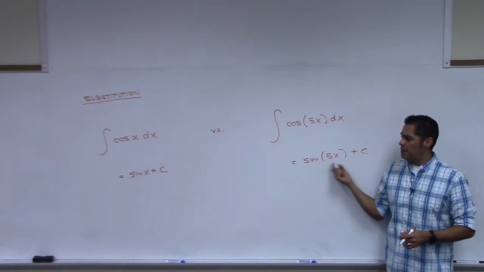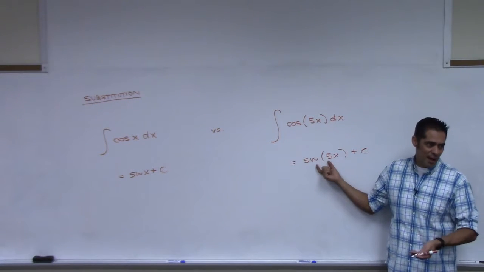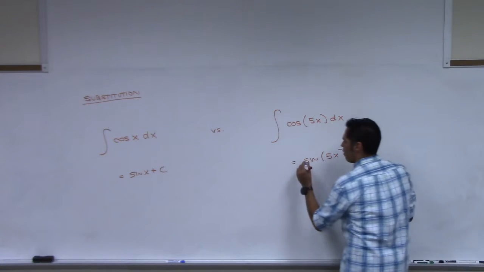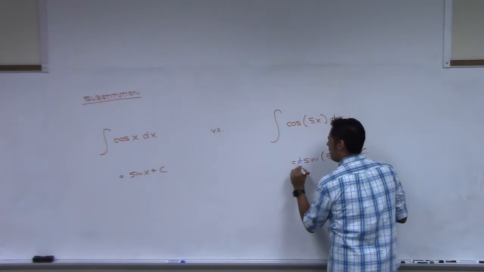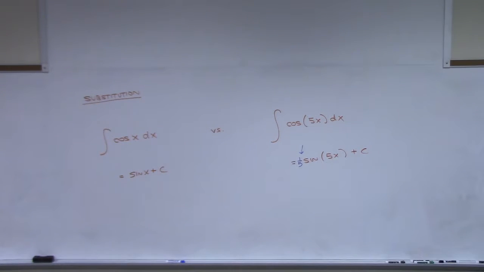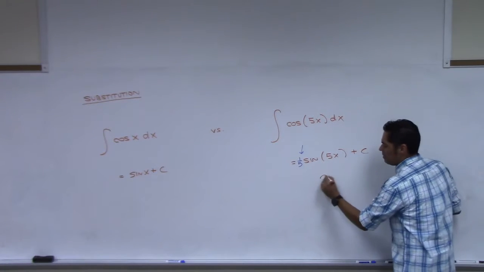If we took the derivative of this, the derivative of this would be cosine of 5x, but then times 5. So this isn't correct. We actually needed out here a 1/5, didn't we? And that's kind of missing. How do we know that that 1/5 was there? So right now I'm just leaving this as a question.